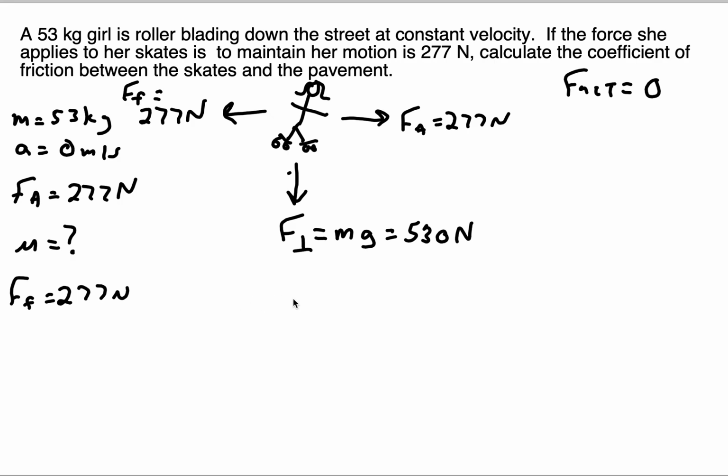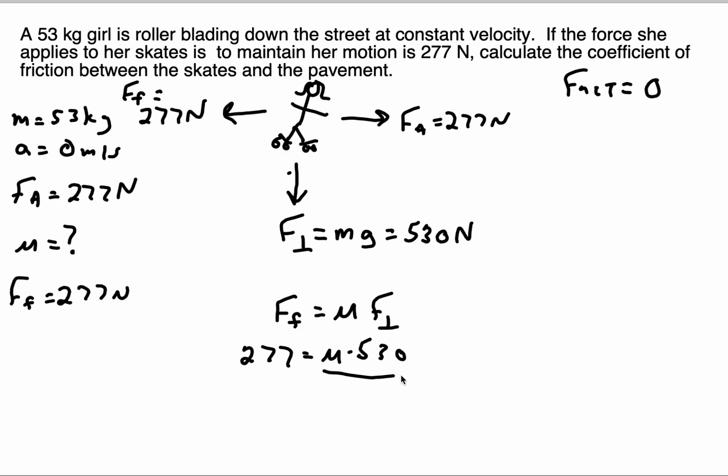Now that I know all that, this problem is going to be pretty easy because you have an equation for friction that says the force of friction is mu times the normal force. So the force of friction is 277, mu I don't know, and the normal force is 530.